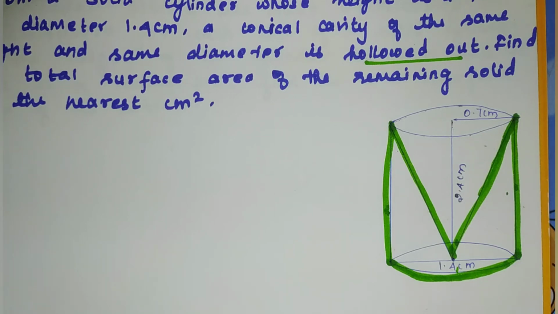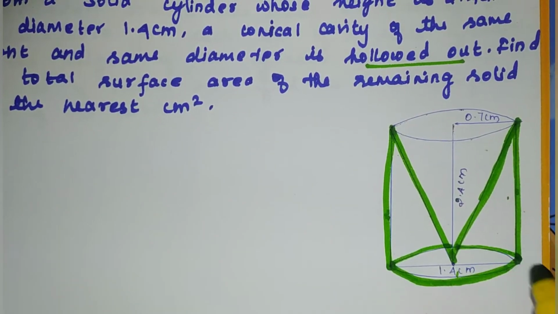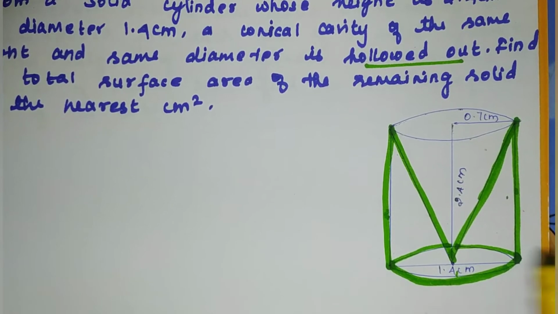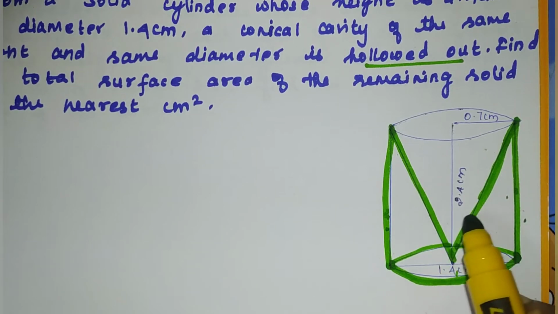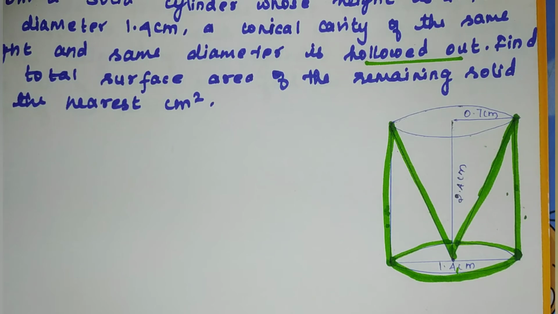So we have to add pi r square also. Curved surface area of a cylinder plus curved surface area of a cone plus pi r square. Clear, children? Write it.